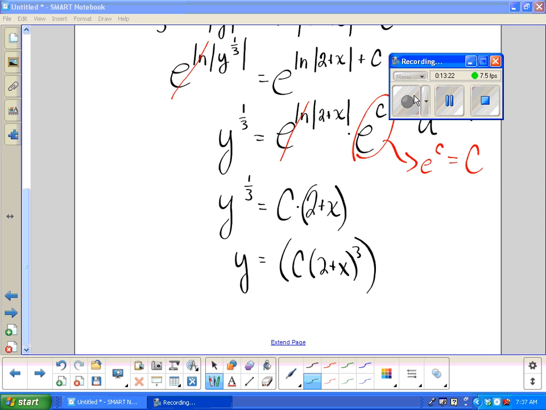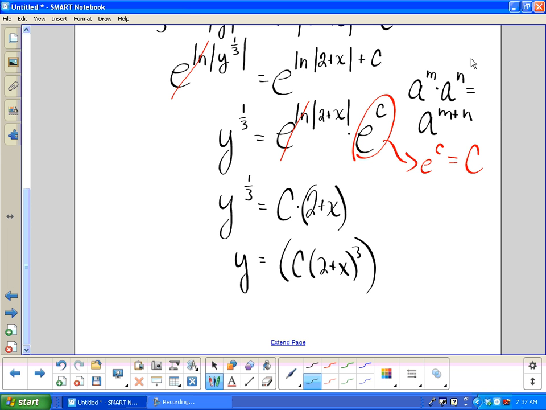So let's talk about particular solutions. So this obviously is a general solution. Let me finish this out really quickly.